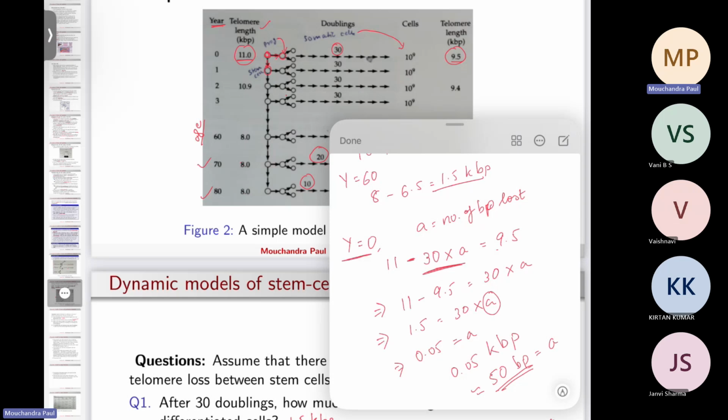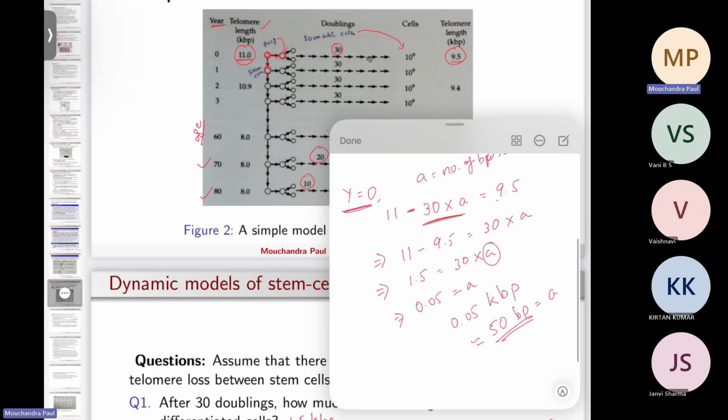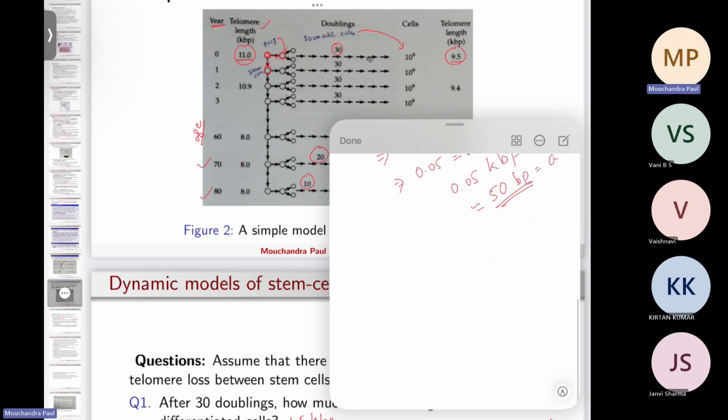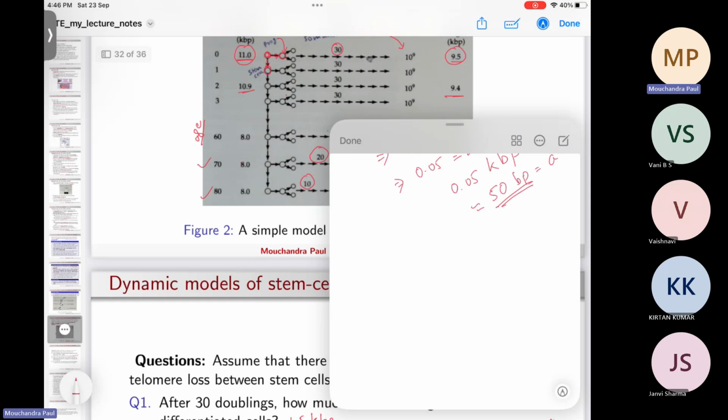Now if you want to confirm this result, you can do it for year 2, because for year 2 this number and this number are given to you, and you know how many cell doublings the differentiated cells have undergone. So you can confirm this and see whether you're getting 50.